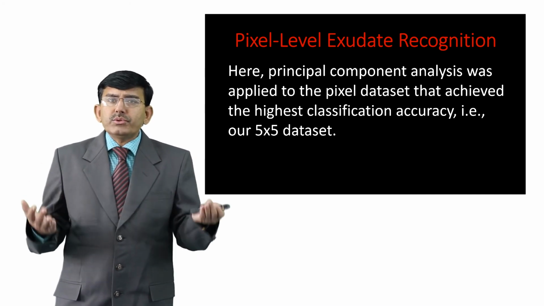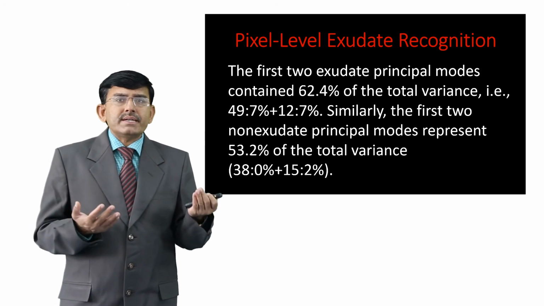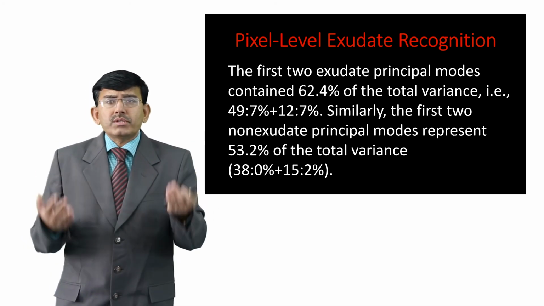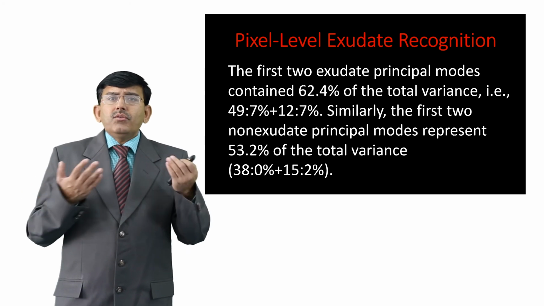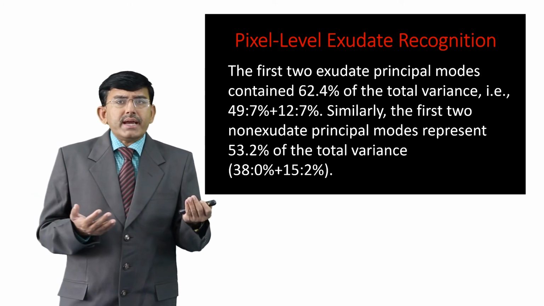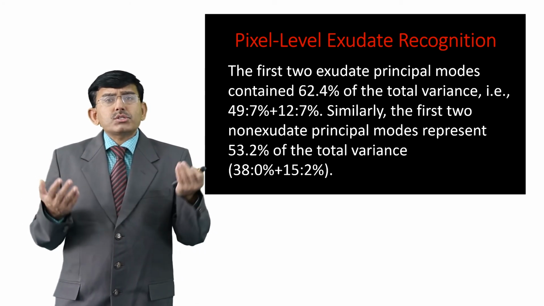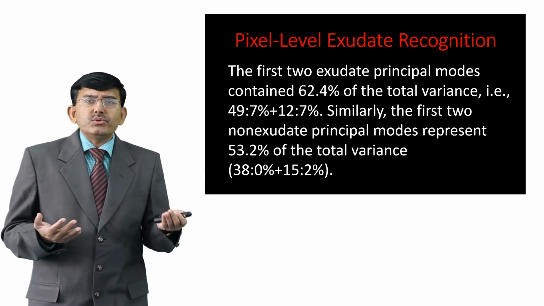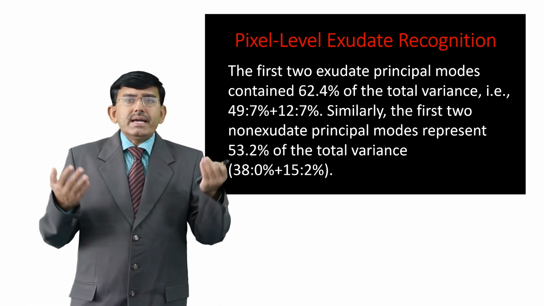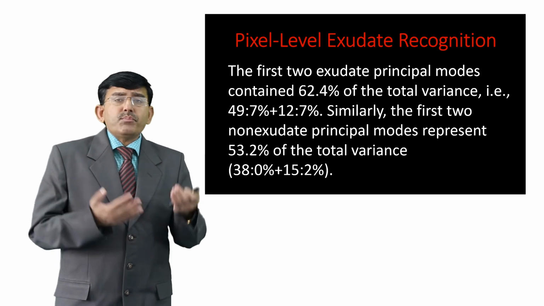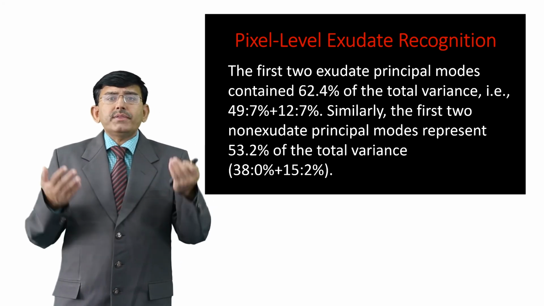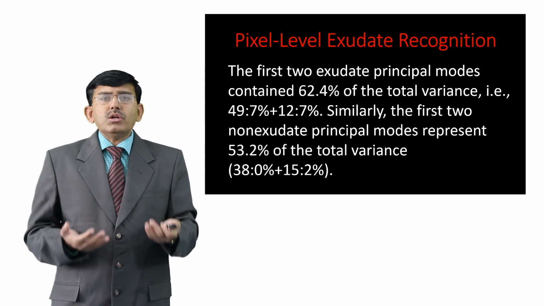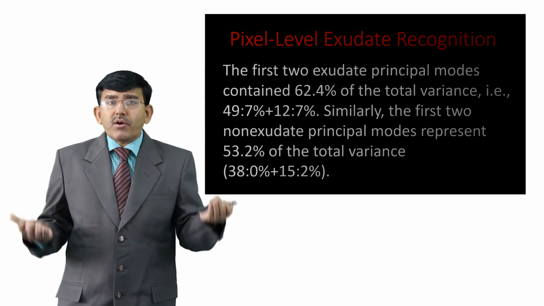The first two exudates principal components contained 62.4% of the total variance, that is 49.7% plus 12.7%. Similarly, the first two non-exudates principal components represent 53.2% of the total variance.